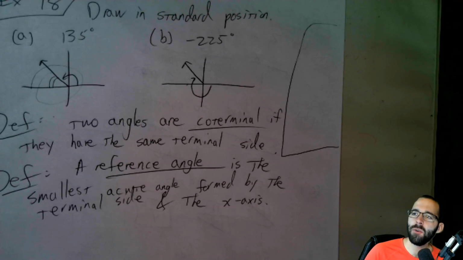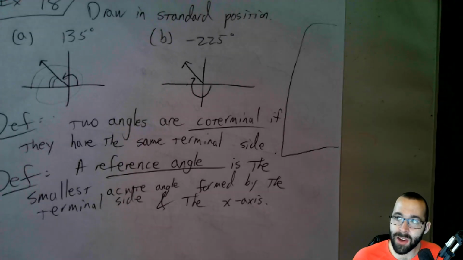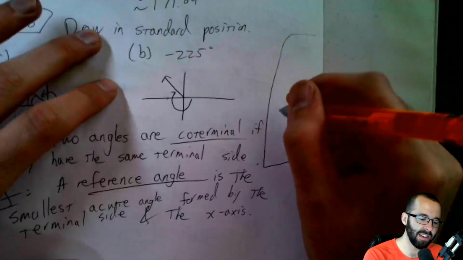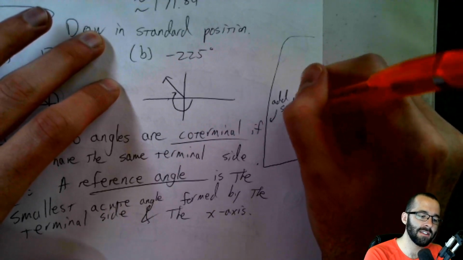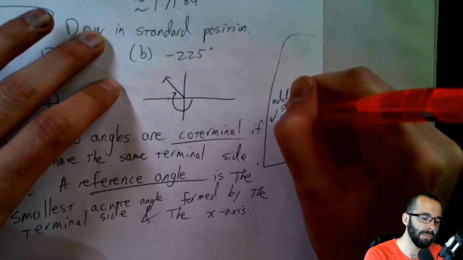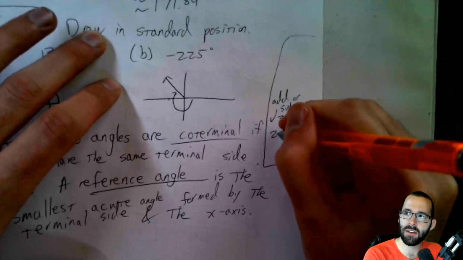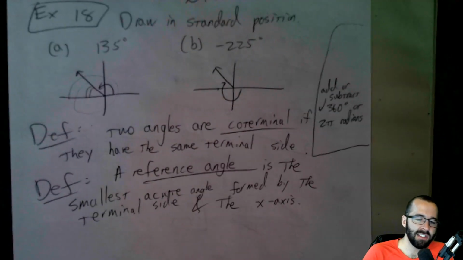What you're going to do is add or subtract 360 degrees or 2 pi radians. So you can write that down, you can just add or subtract 360 degrees or 2 pi radians. All right. So that's an easy thing to do.